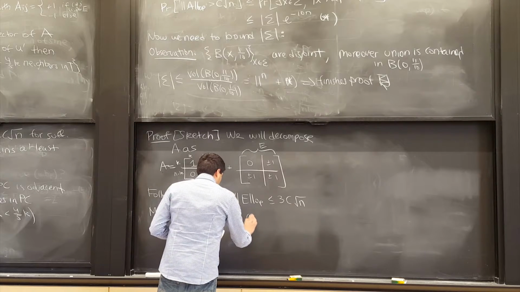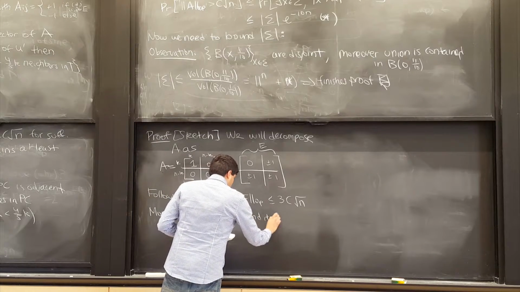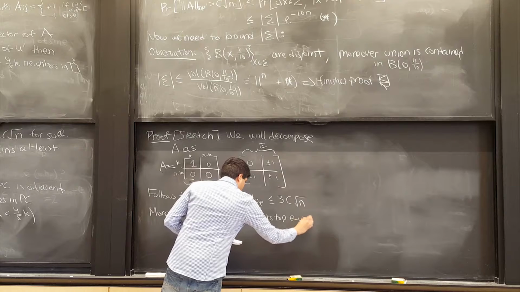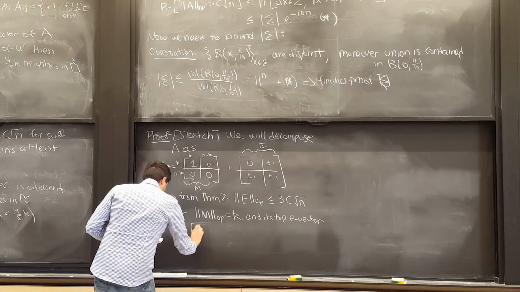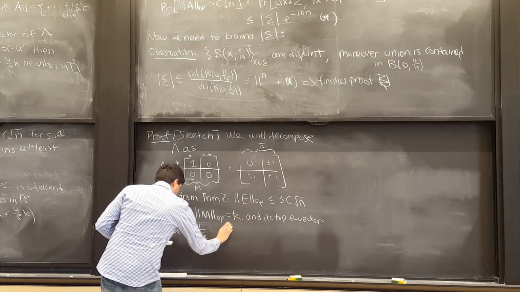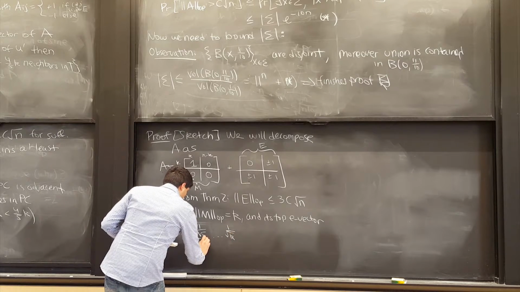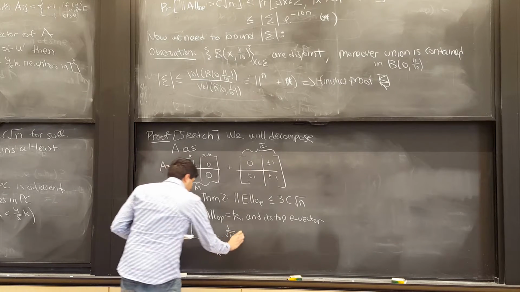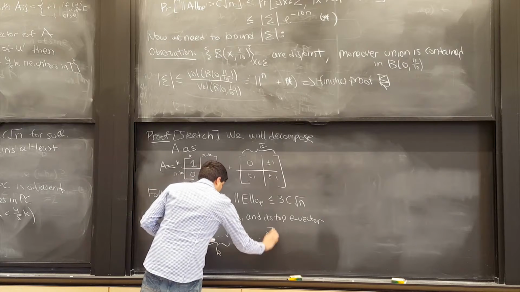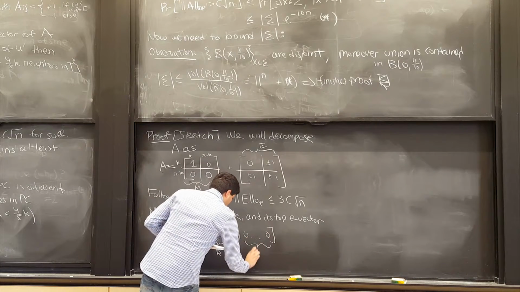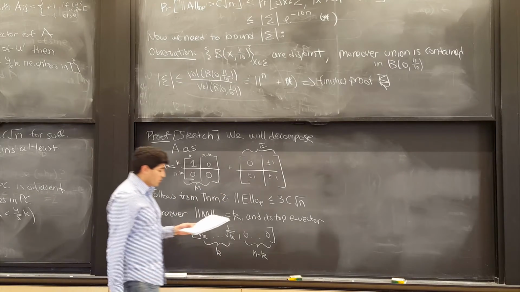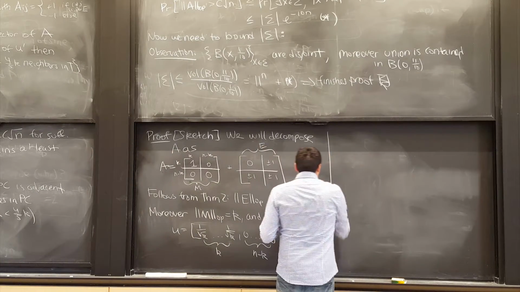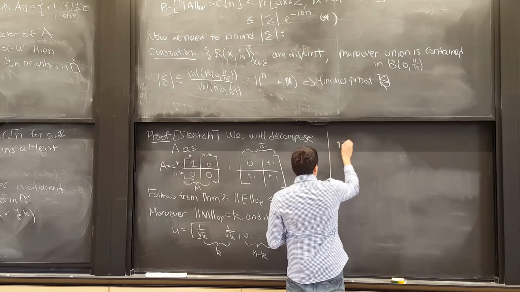And so its top eigenvector is itself 1 over root k on the first k coordinates, and then it has zeros everywhere else on the remaining n minus k coordinates.